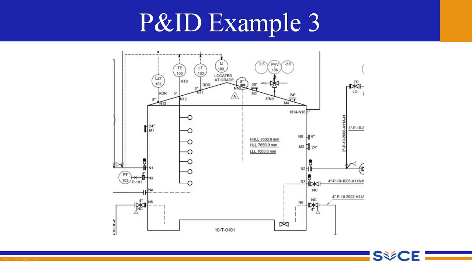And also you can see the information regarding the line size, that is indicated by the arrowheads and the legend corresponding to those arrowheads. You can see the various pressure transmitters, the mountings of the storage tank, that is given by M1 and M2.